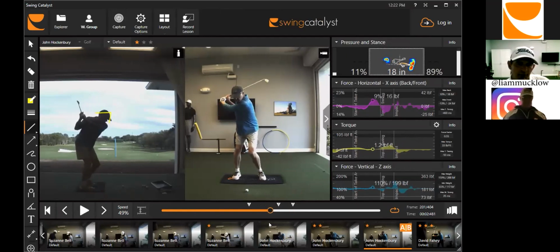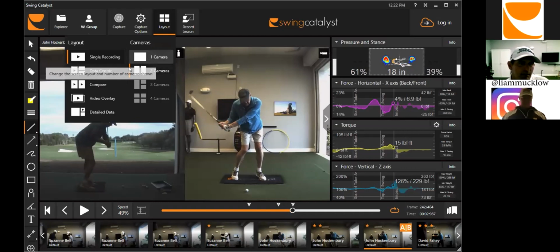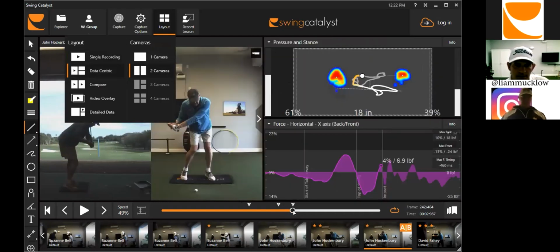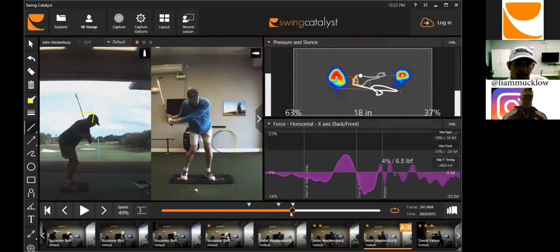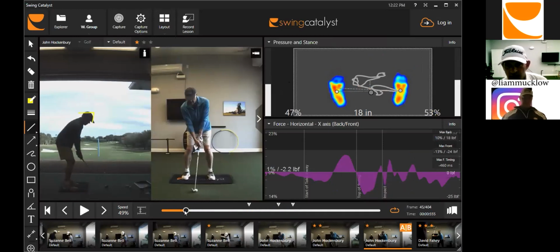So when he saw how much the pressure was tipped out towards the balls of his feet, as you can see right there, as he's coming down, there's no room for the golf club to swing from the inside. So him being told forever and ever that you're over the top, John, you're over the top. How do we figure out a way to make room? And that's what the towel cueing was for.